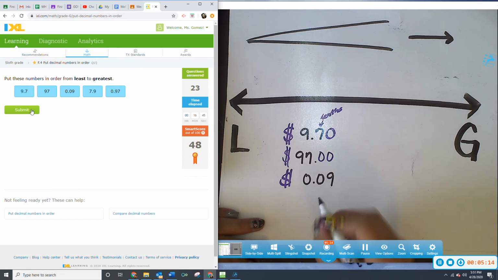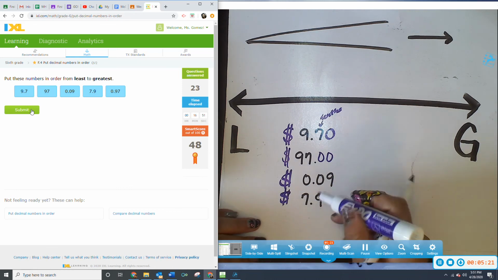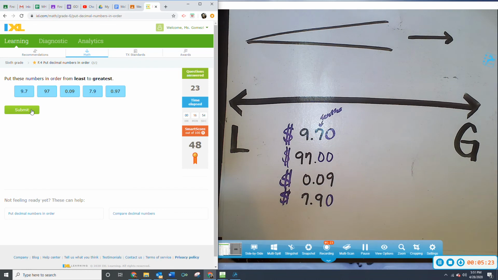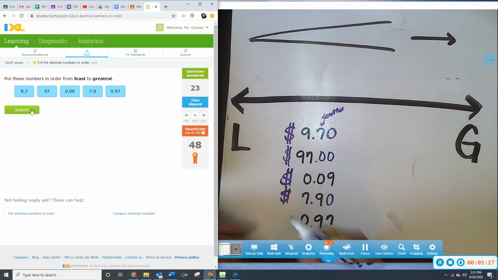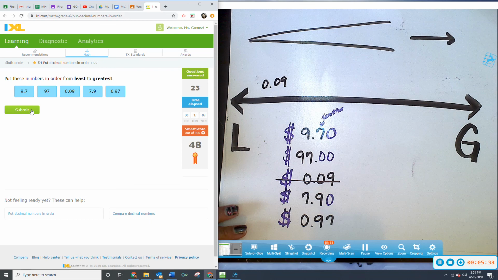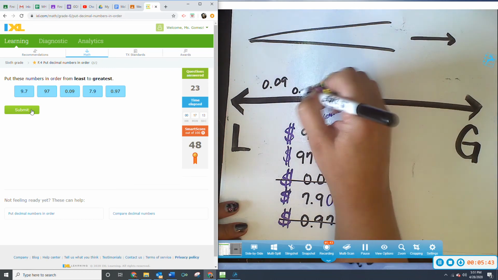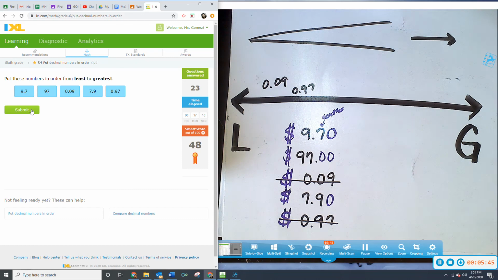Okay, $7 and that's in the tenths, so that would be 90 cents. And $0.97. Well, the smallest number I have here would be 0.09, and then followed by 0.97. So let's put those up in the front.